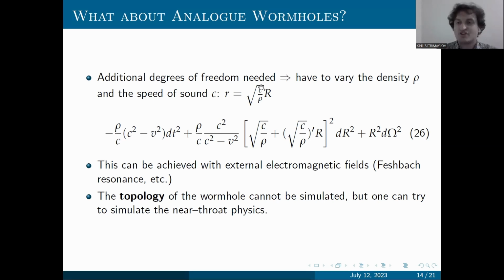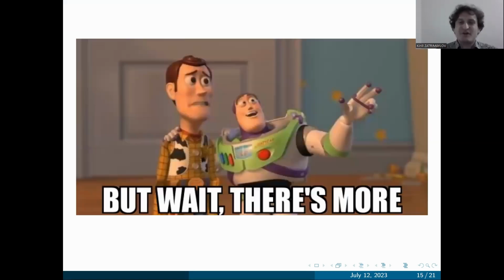The variations in the speed of sound and the density of the fluid can be achieved through the application of external magnetic fields, like, for example, in Feshbach resonance. And so this is what we are looking into right now. However, this is not all that I wanted to tell you today.